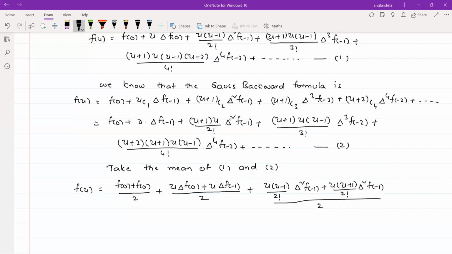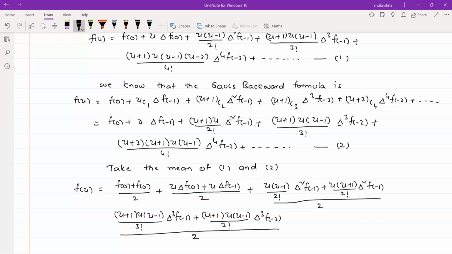Now coming to the fourth term. The fourth term in equation 1 is u plus 1 into u minus 1 by 3 factorial into delta cube f of minus 1, and the fourth term in equation 2 is plus u plus 1 into u minus 1 by 3 factorial into delta cube f of minus 2, by, once again we have to write by 2.